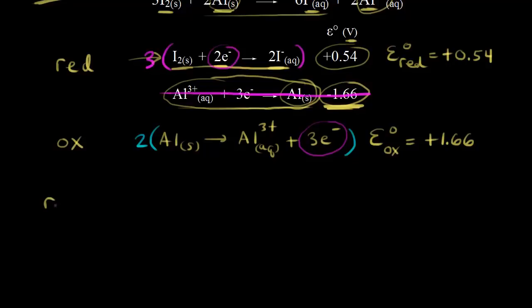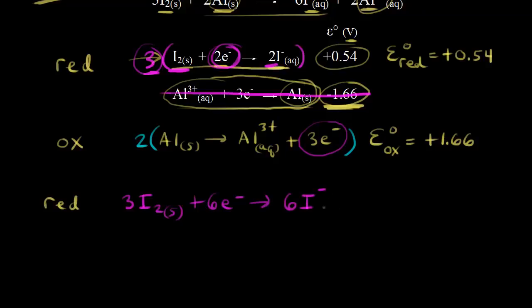So let's rewrite our half reactions. First we'll do the reduction half reaction. So we have 3I2, and 3 times 2 gives us 6 electrons, so 3I2 plus 6 electrons, and then 3 times 2 gives us 6I minus.